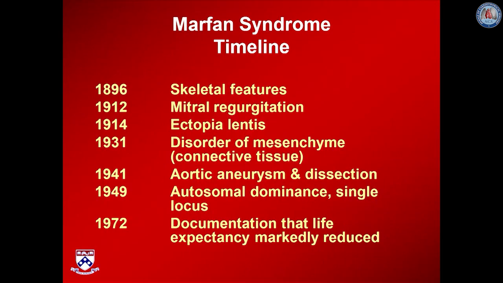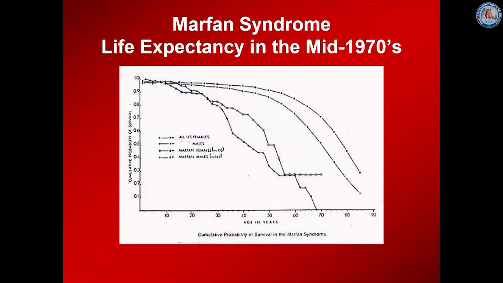Life expectancy was documented in 1972 as being markedly decreased, and in almost all cases due to complications involving the thoracic aorta. Here we see the life expectancy for females and males with Marfan syndrome compared to the normal United States population in the early 1970s.